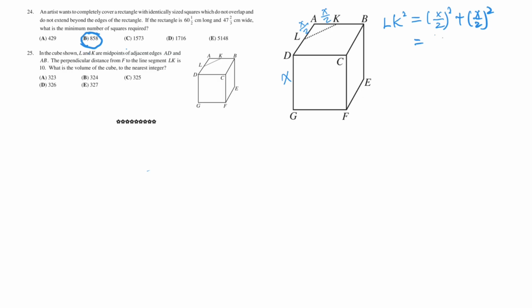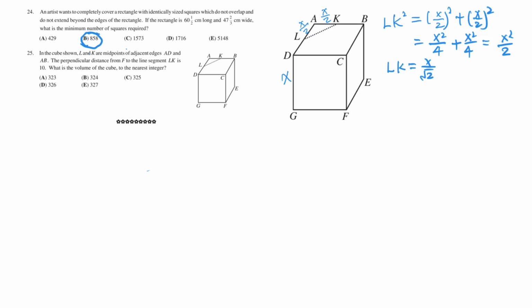That's x square over 4 plus x square over 4, which is x square over 2. Now LK equals x over root 2.